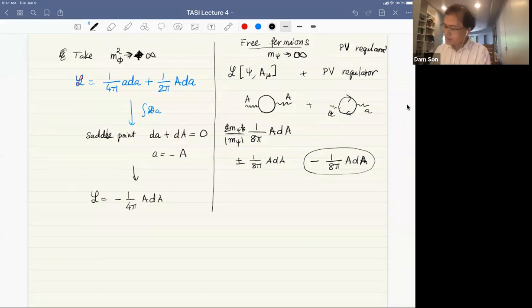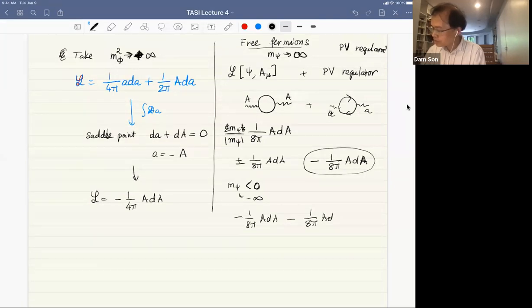Let me choose the mass of the fermion to be less than 0 and go to minus infinity. Then I get minus 1/8 pi AdA minus another 1/8 pi AdA from the regulator, giving me 1/4 pi AdA, which matches with the calculation on the bosonic side.